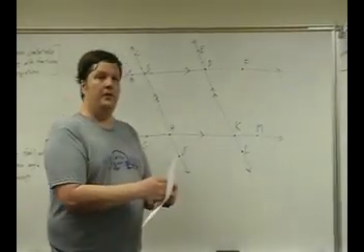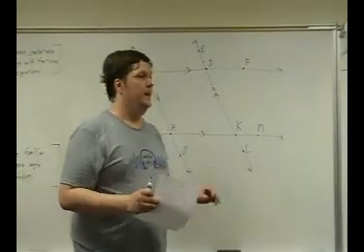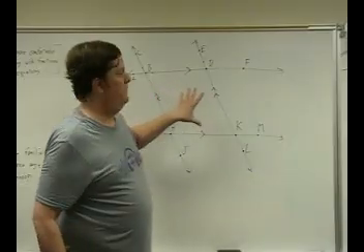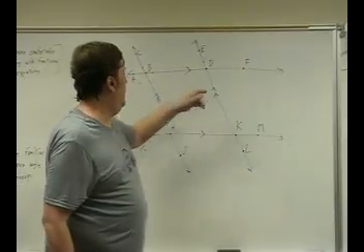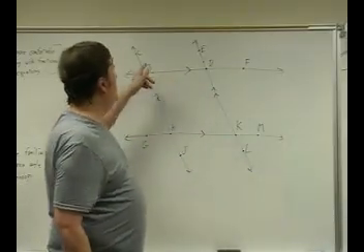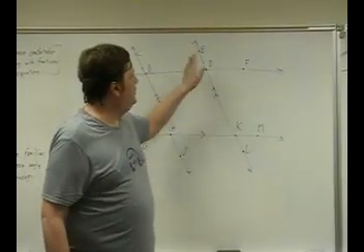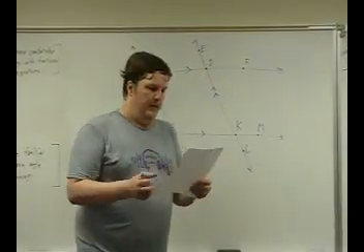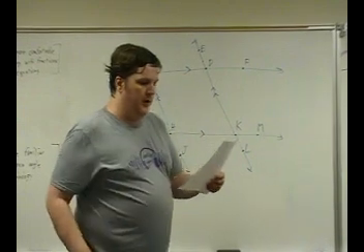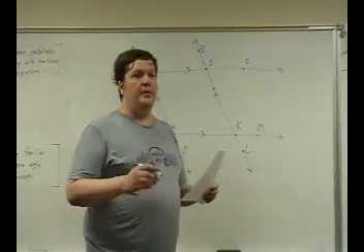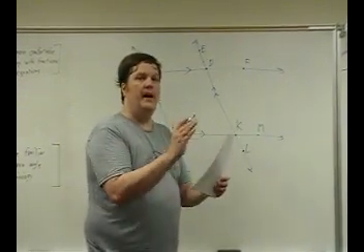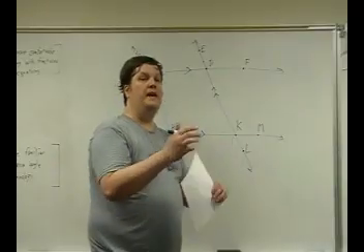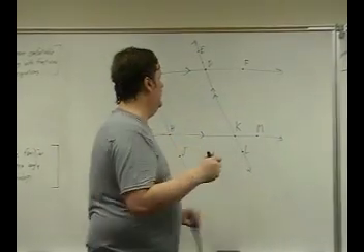So, name two alternate exterior angles. Again, I'm going to stick with my original parallel lines of AF, GM, and I'm going to use the transversal EL just to kind of shake things up. I have to pick two alternate exterior angles. They're going to be on opposite sides of the transversal, and they're going to be outside of the space in the parallel lines.